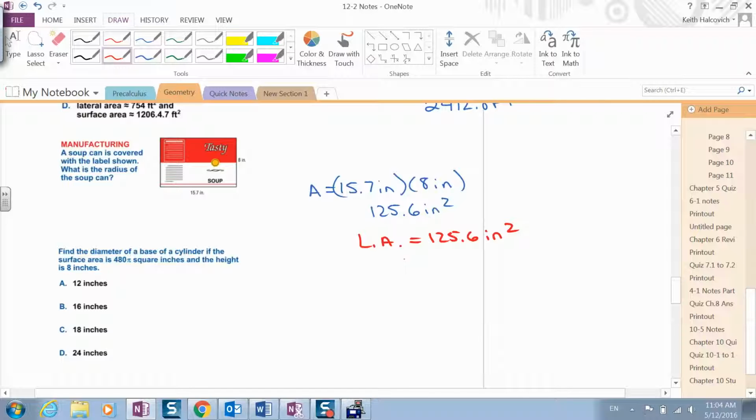And remember, lateral area of a cylinder is 2 pi r h. Well, we know the height is 8. And then we can divide by 2 pi times 8, or 16 pi.